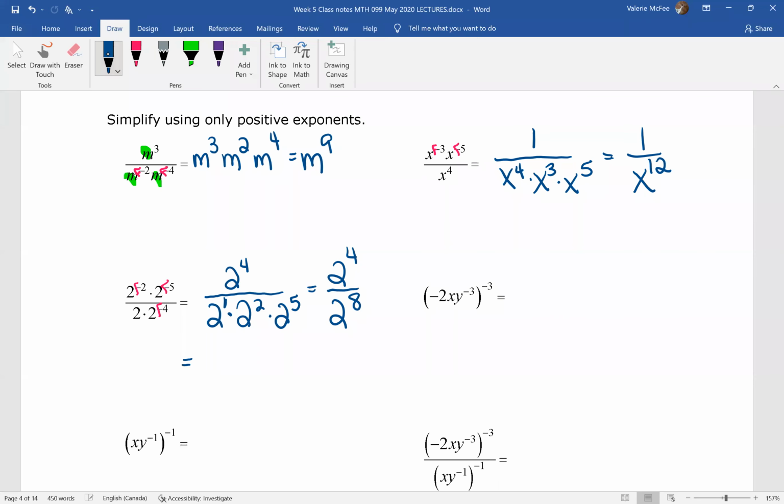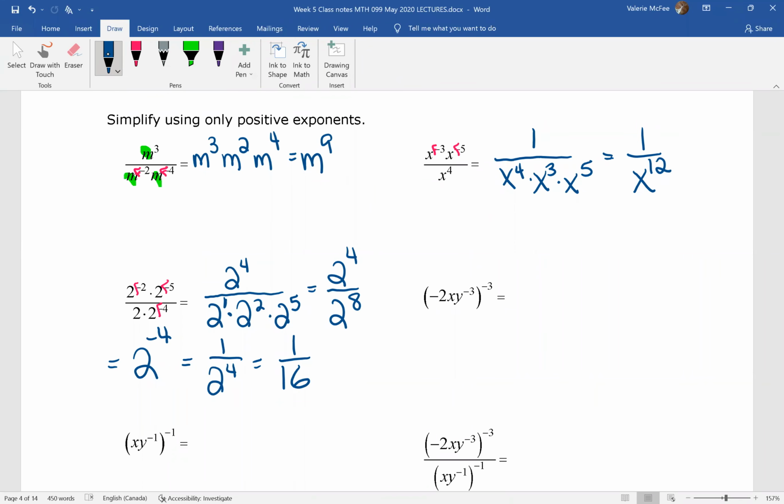And now I can see there's more 2's in the denominator. 4 more. Or if you had subtracted exponents, 4 minus 8 is negative 4. This will be 1 over 16. Those can be difficult. So if you need to, rewind the video and watch this part again, try them again, think about what's happening with those negative exponents.